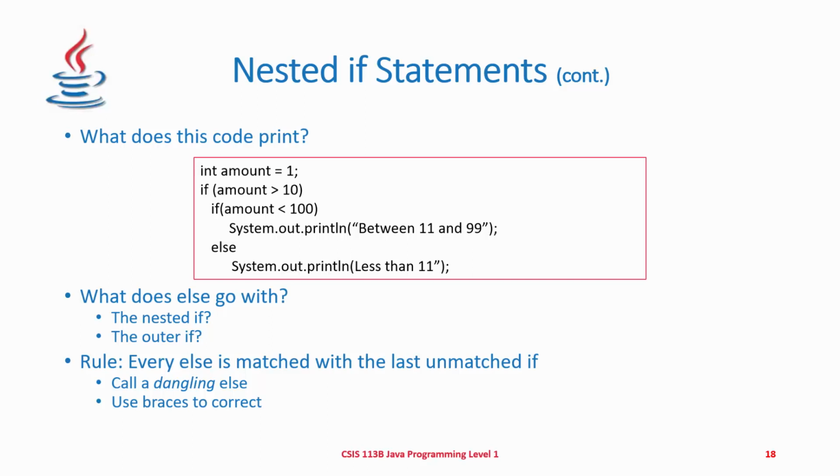So the rule is that every else is matched with the last unmatched if, which means in this example that else would go with the nested if. This is called a dangling else. So again, using braces will clear that up and make sure it runs the way that you expect it to.